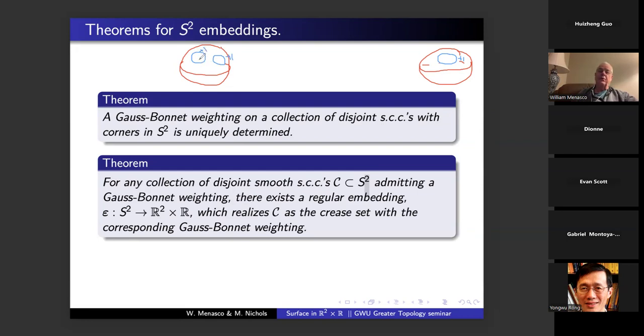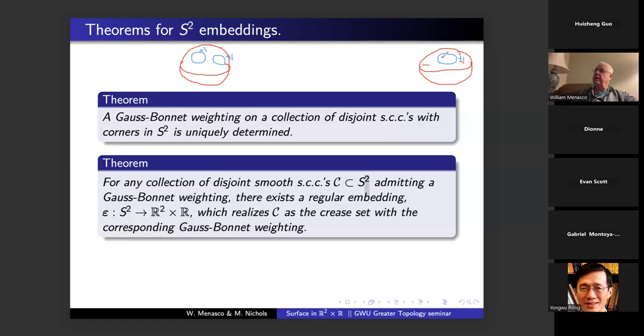The reason I have to put a weight of +1 on this curve right here is because it bounds a disk. Euler characteristic of a disk is +1. Euler characteristic of a disk is +1. Euler characteristic of this outside surface here is 0. So there is no Gauss-Bonnet weighting assignment to this configuration of curves on the sphere.